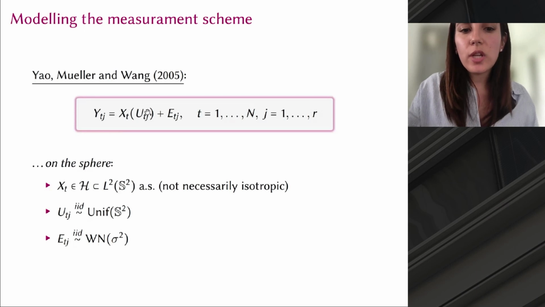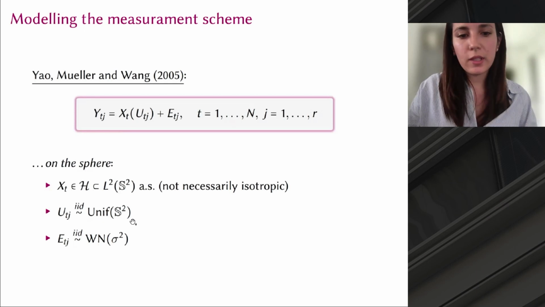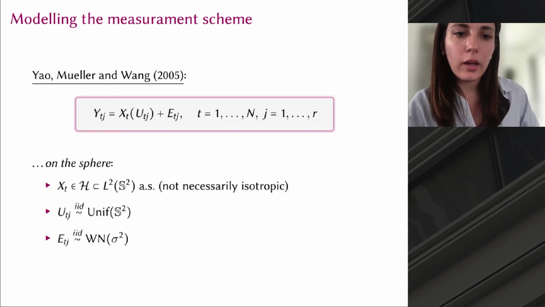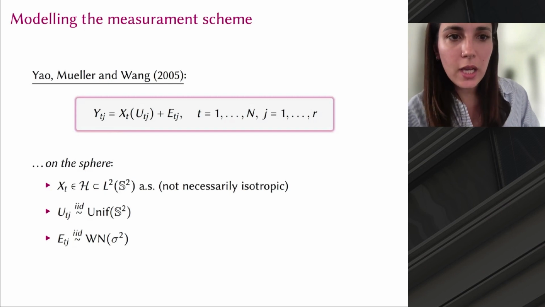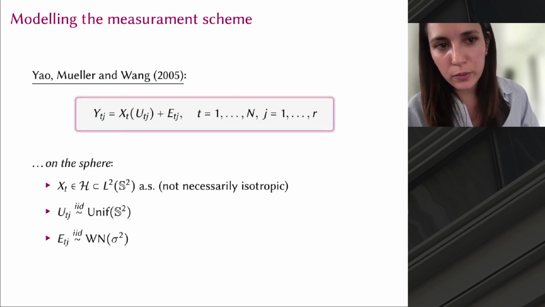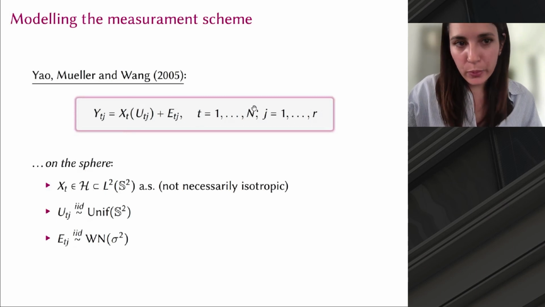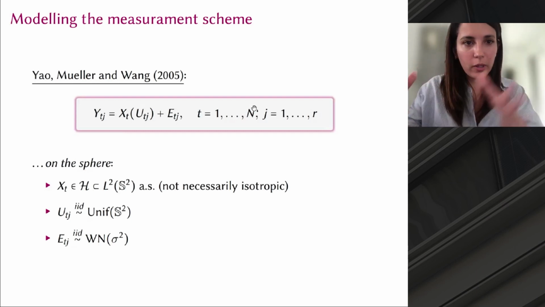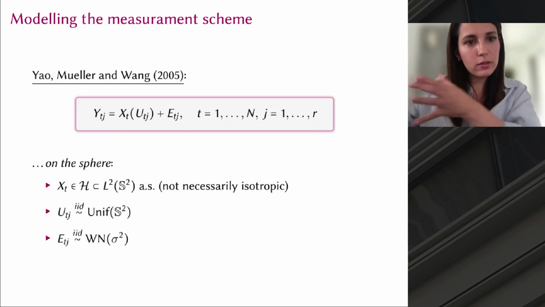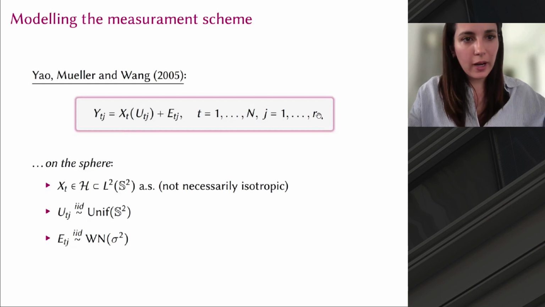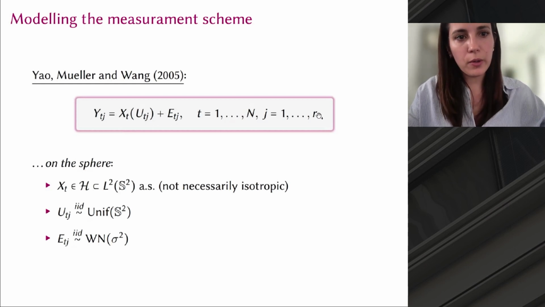The U_tj are random locations, for instance, uniformly distributed on the sphere. X_t is our latent process, and Y_tj is our actual observation. And we observe n times r points. So let's think about n different functions, and r points for every function, for every curve.